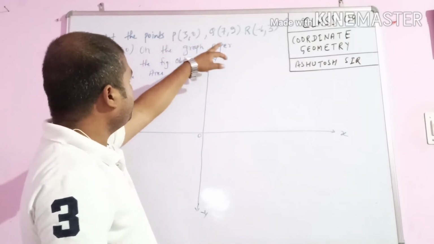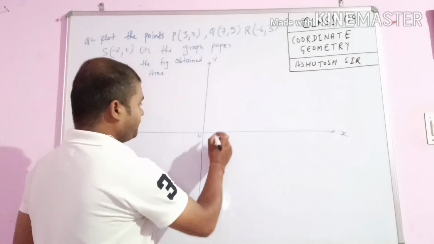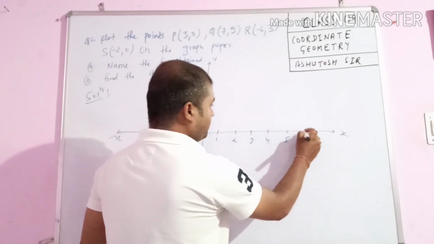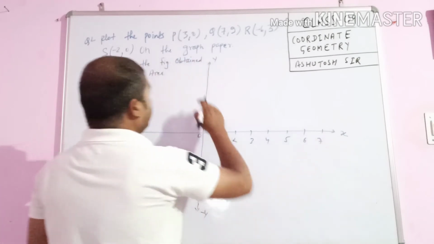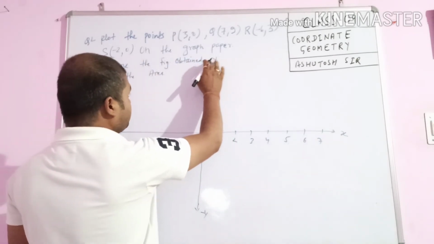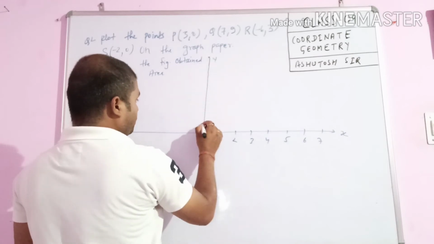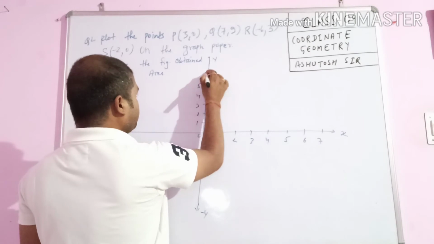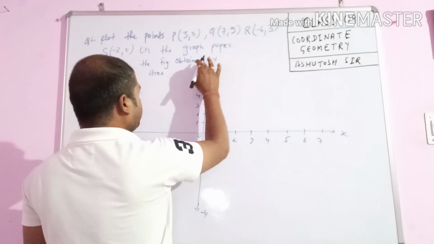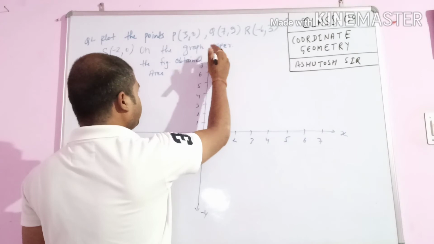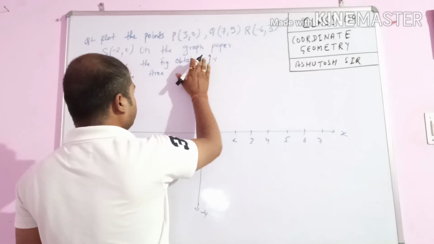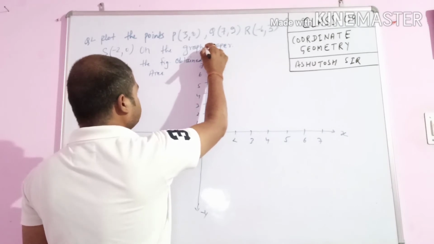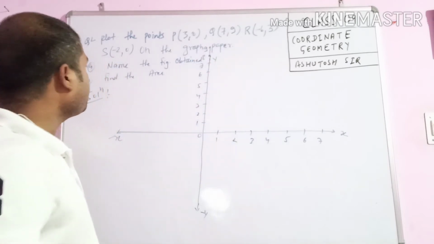Here the maximum on the x-axis is 7: 1, 2, 3, 4, 5, 6, 7, and on the y-axis it is 9: 1, 2, 3, 4, 5, 6, 7, 8, 9.